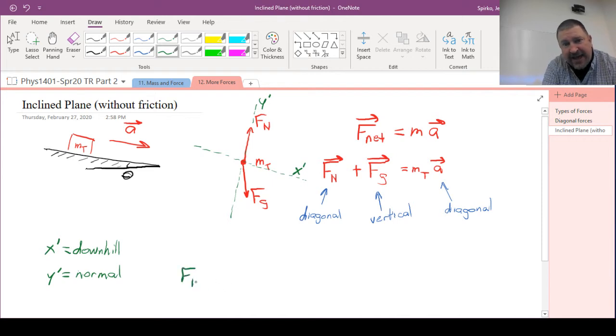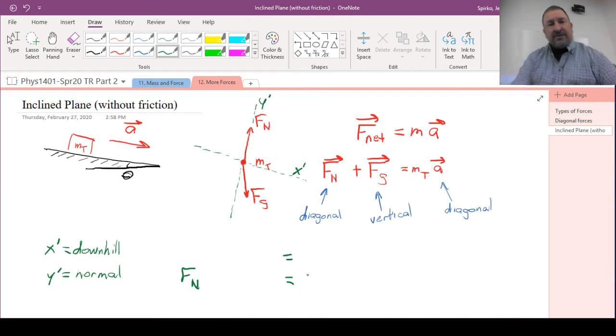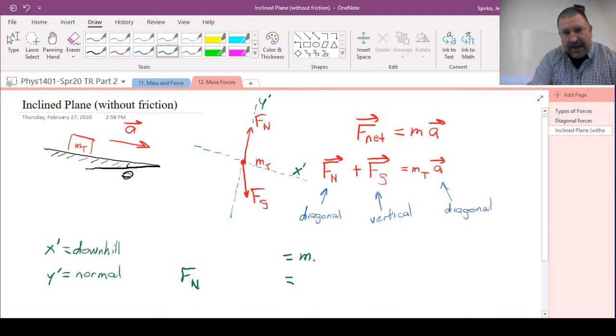That's just F sub n in the y direction. Let's skip gravity for a second. Leave a half-inch space here. Equals. My acceleration is downhill. My acceleration is in the x direction. So that means that I can put m_T a here and 0 there.